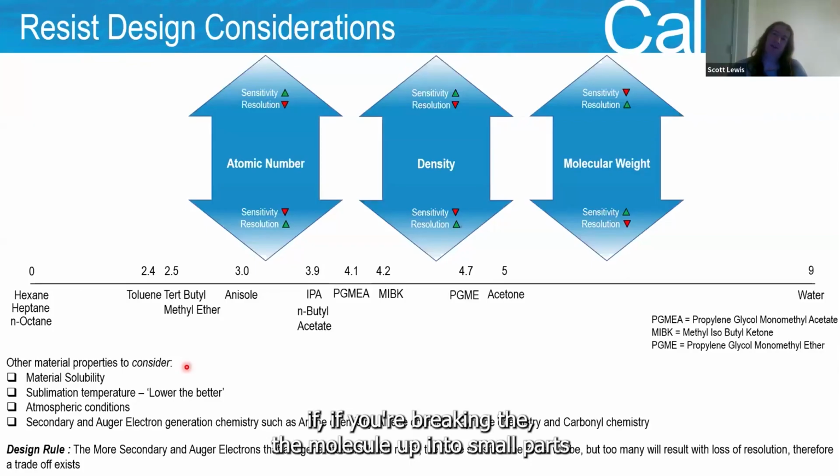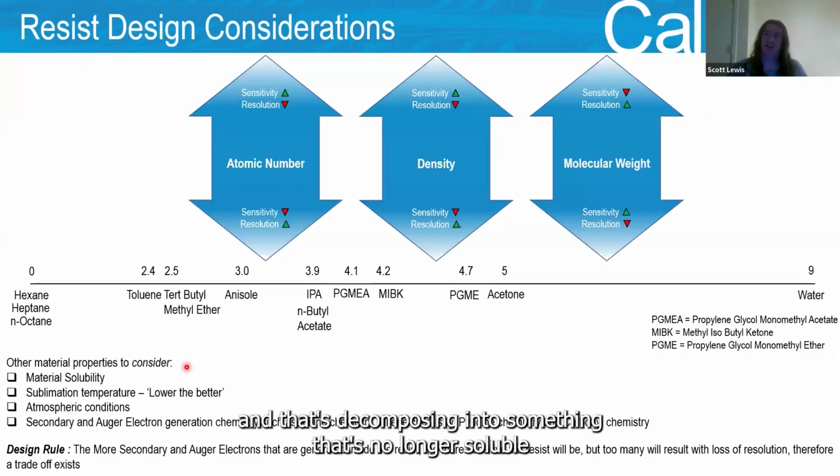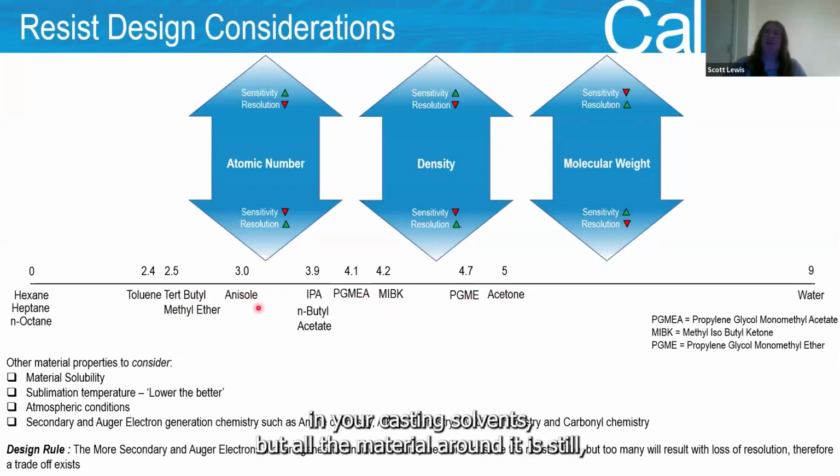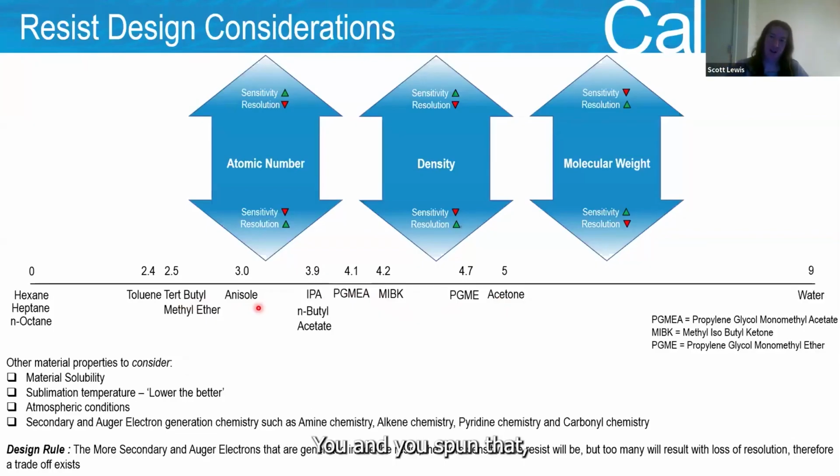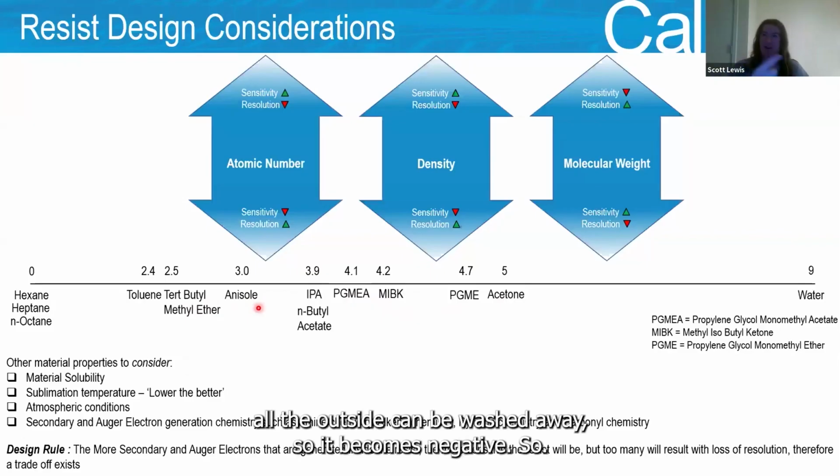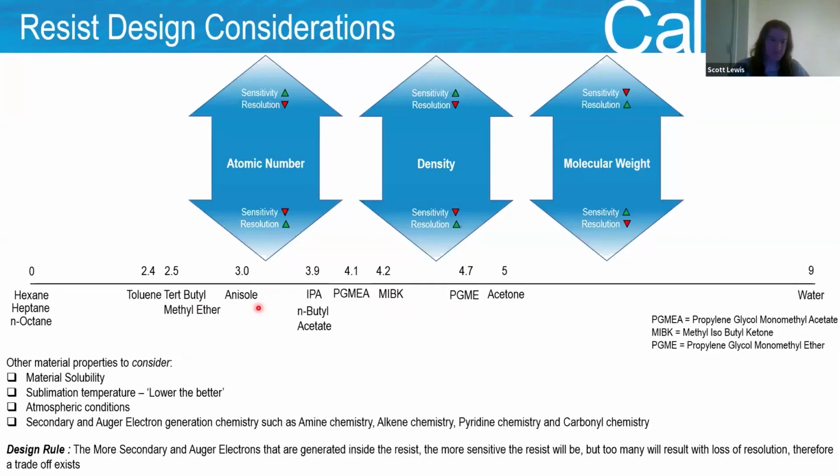If you're breaking the molecule up into parts that are no longer soluble in your casting solvents, but all the material around it is still unchanged, then the outside can be washed away. So that becomes negative tone.